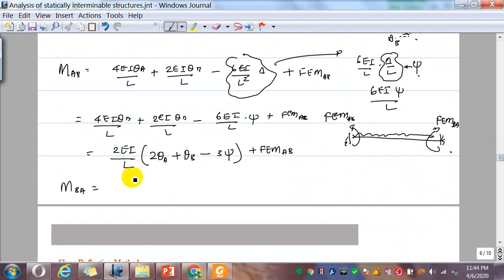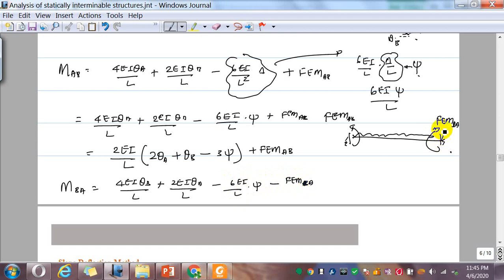So now if I write the equation: 4EIθB over L from the θB component, and 2EIθA over L due to the moment induced by θA, minus 6EI over L into ψ, minus FEM BA.